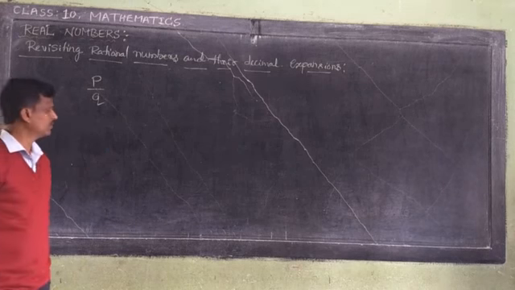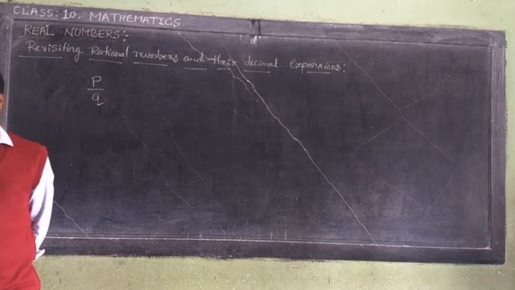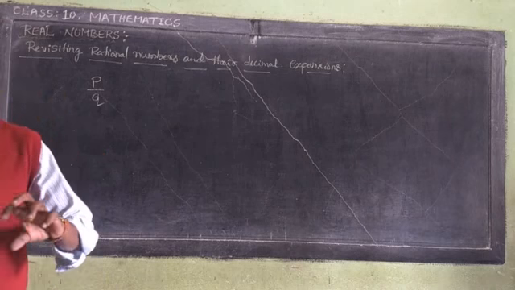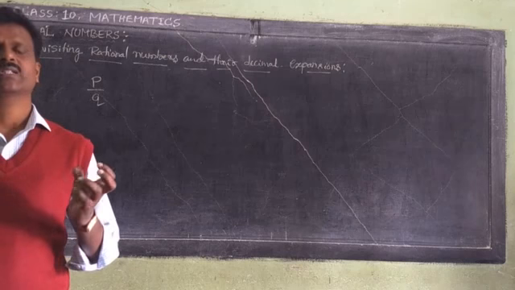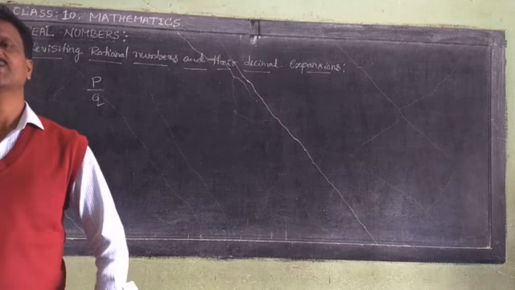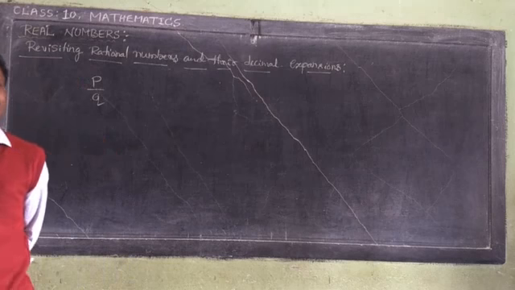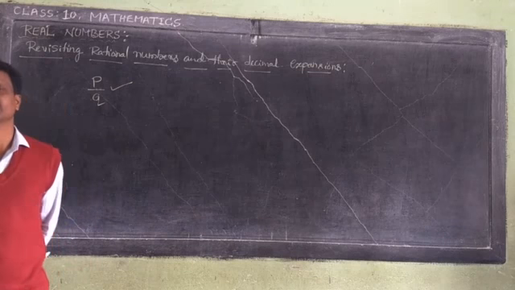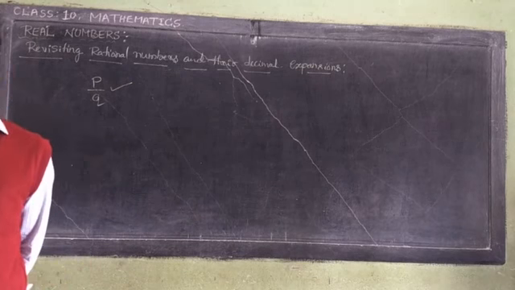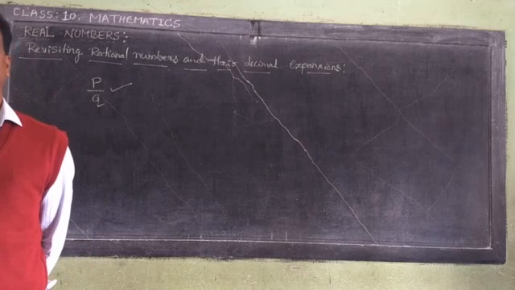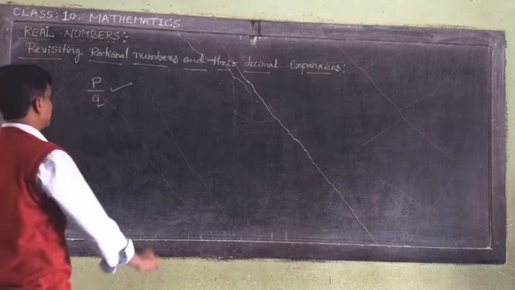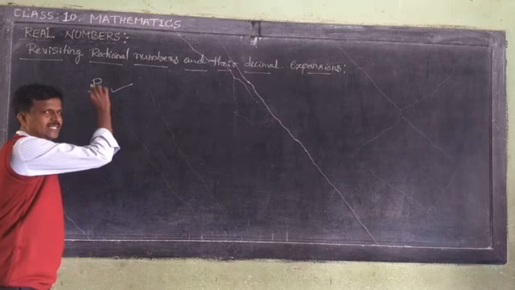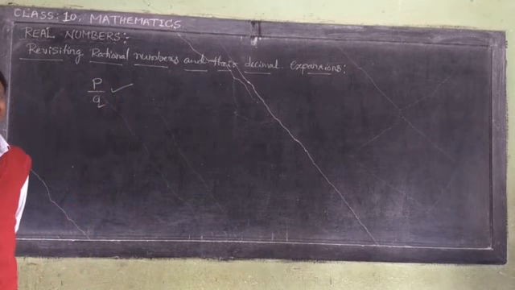By observing only the denominator, or by certain simplification, we say that this is a terminating decimal expansion or a non-terminating recurring decimal expansion.